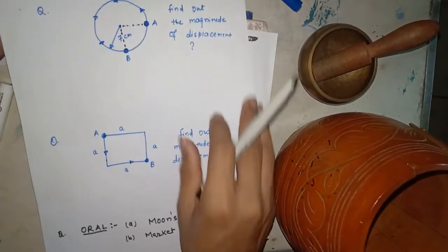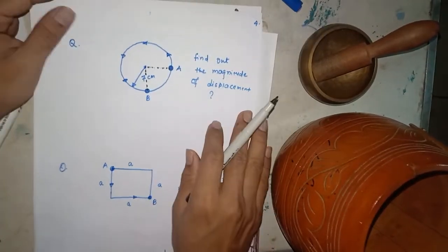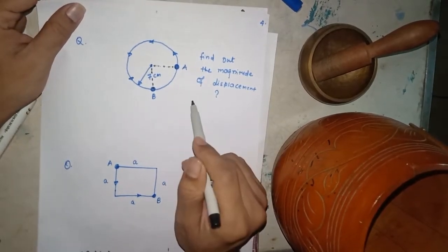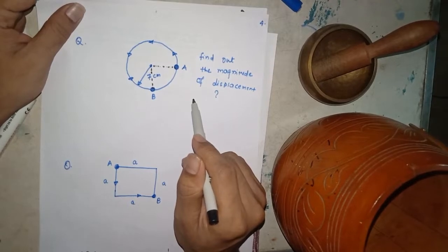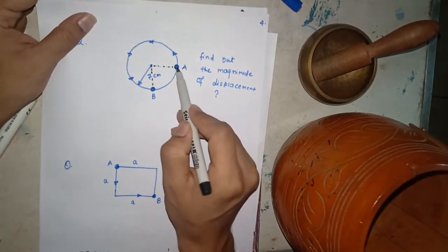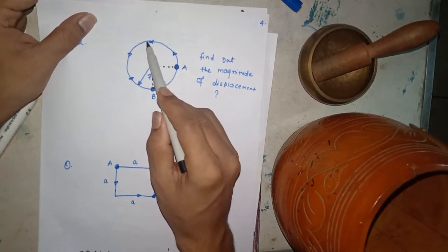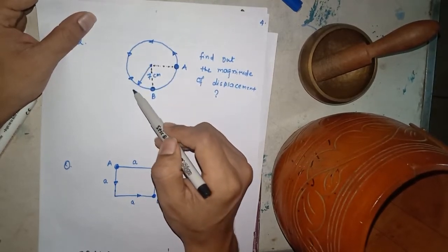Can you find out the displacement in this case? So here you have to start from here and go in a circular path and stop here.